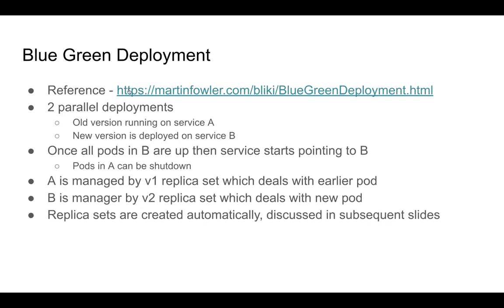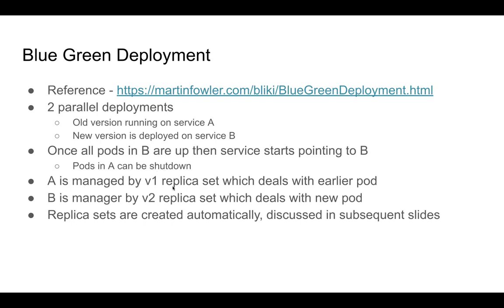For the blue-green deployment, you can go and look into this link, where it has been explained in detail. So basically, there are 2 parallel deployments. The old version is running on service A. When I say old version, I mean the old pods are running under service A, and the new pods are deployed on service B. Once all pods in service B are up, then the service starts pointing to B, and the pods in A can be shut down.